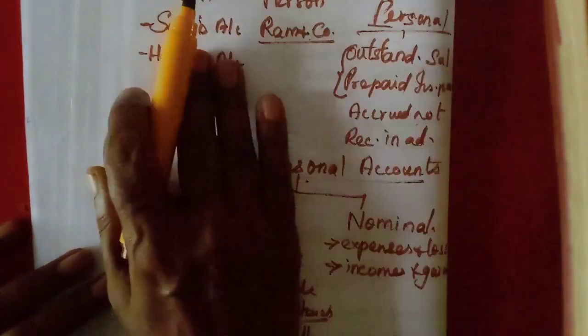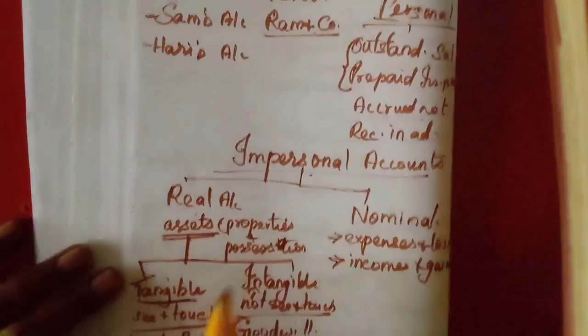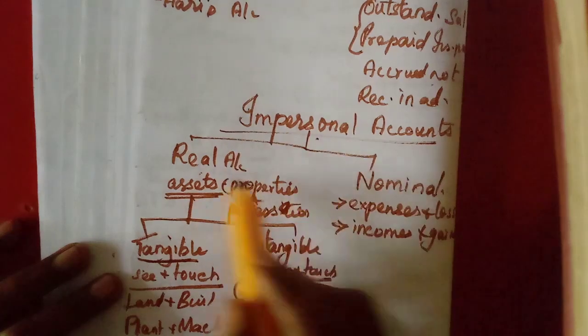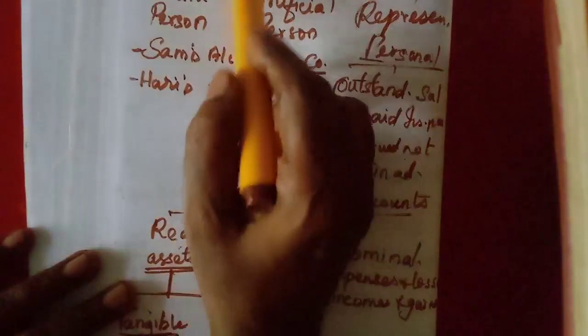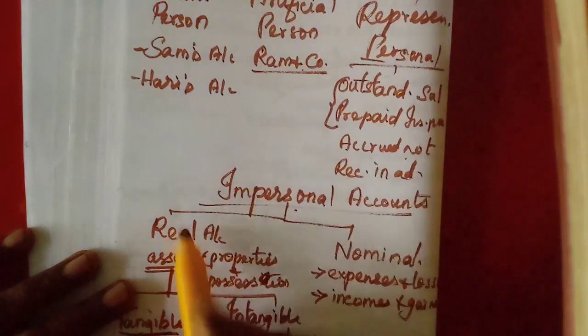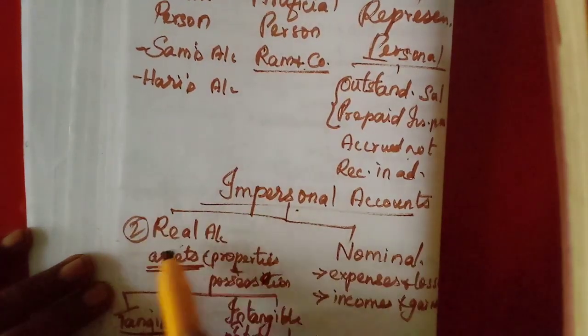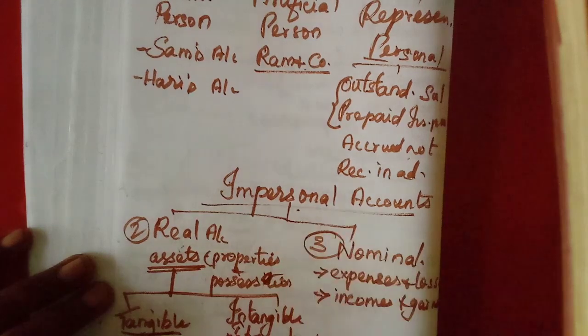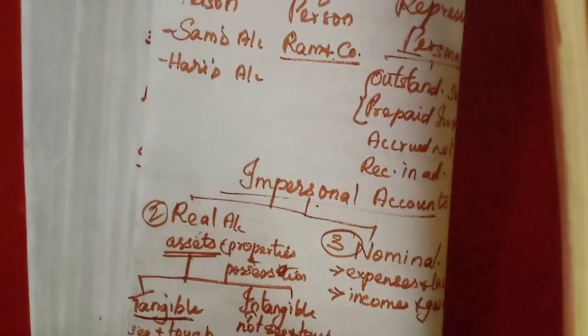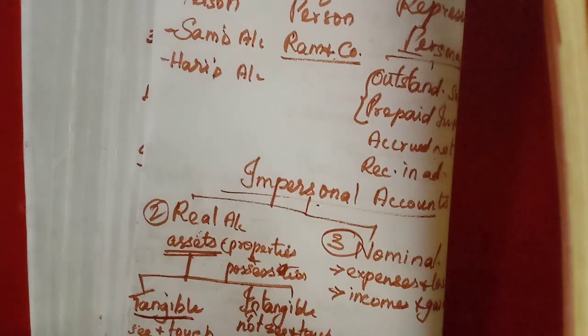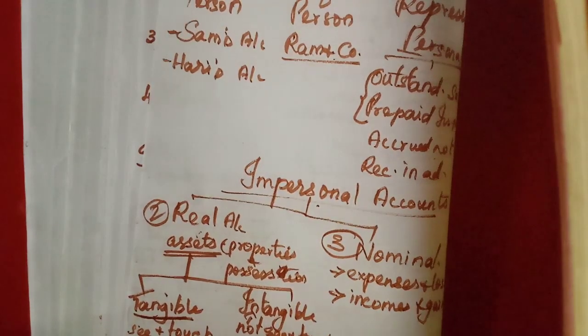We can conclude that all personal accounts together go in one account, then the impersonal ones are separate. So totally: personal account one, real account two, nominal account three. For these three accounts, we are going to learn what should be debited and what should be credited.